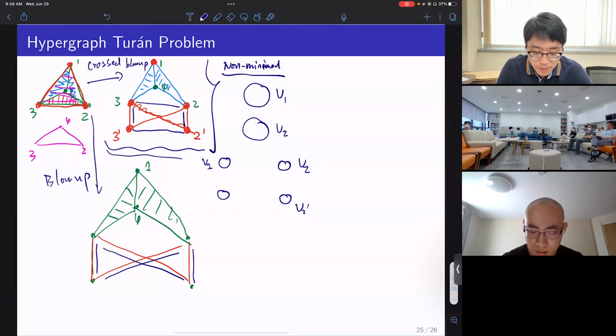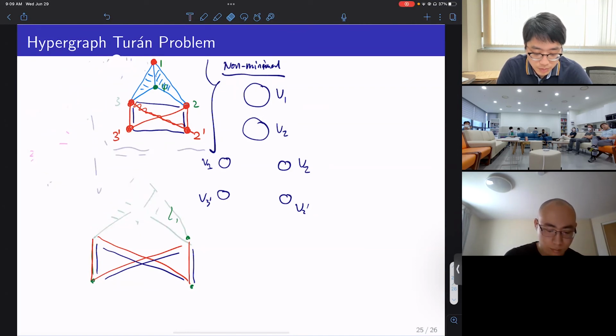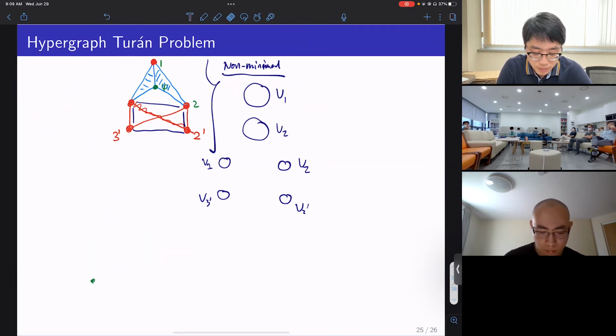So now we consider the ordinary blow up. Given this, we can forget everything else by looking at this particular 6-vertex graph. The property it has is the following.